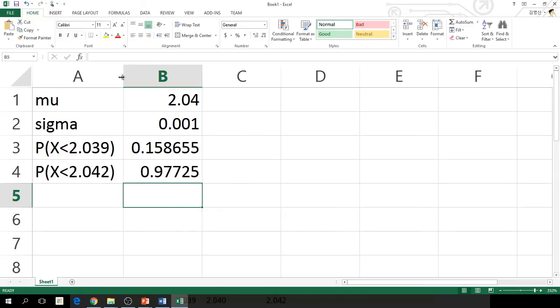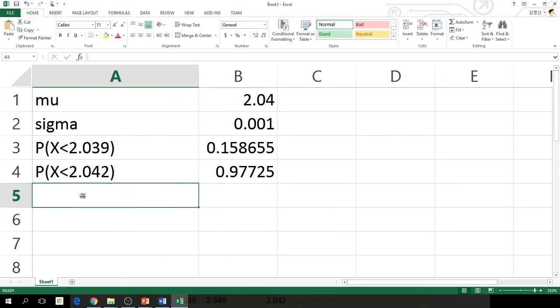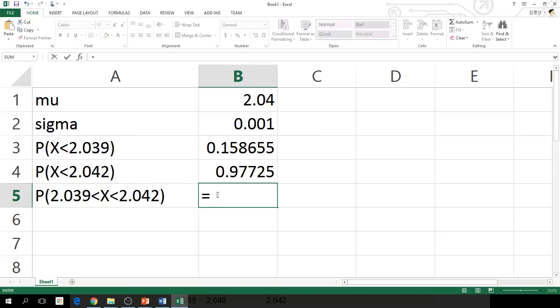So then the probability that x is between 2.039 and 2.042 is this number minus this number.